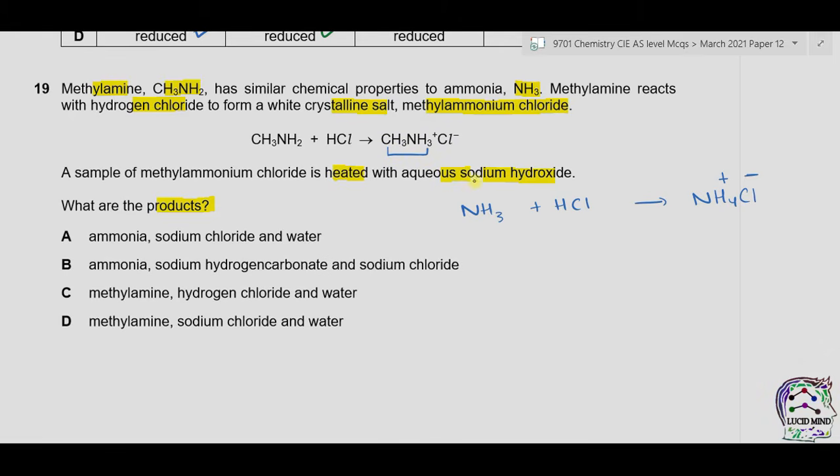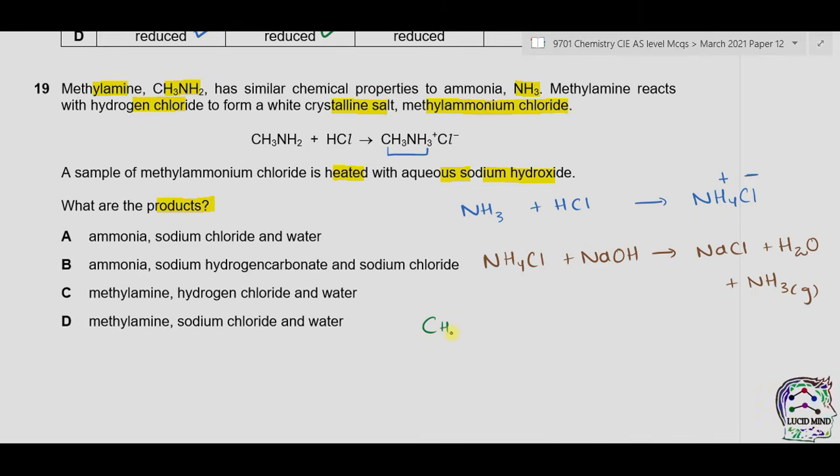Now second reaction is with aqueous sodium hydroxide. We know that ammonium salt upon reaction with sodium hydroxide always forms salt, water along with ammonia gas. So methylamine should do the same. Now we are going to write the reaction for that.